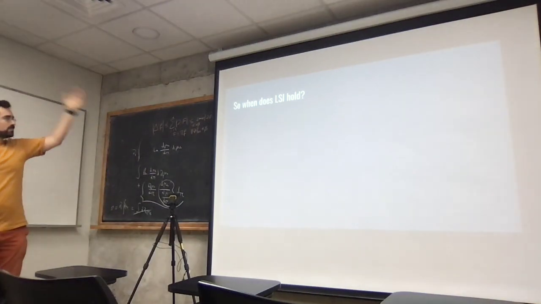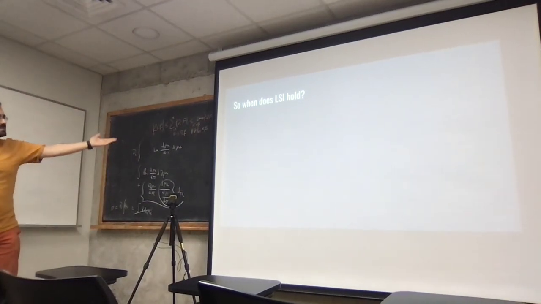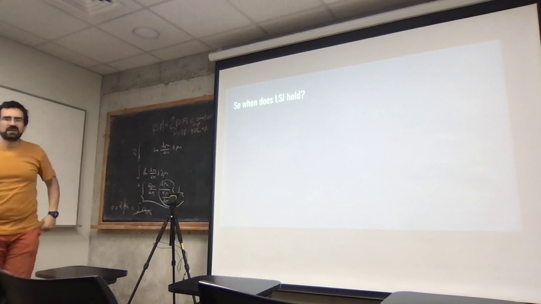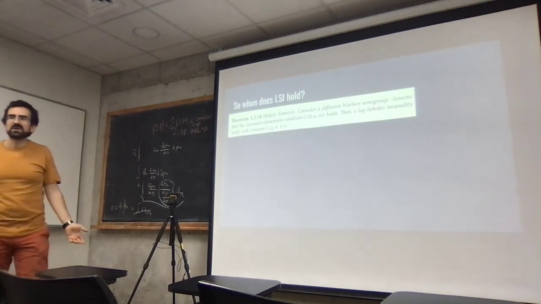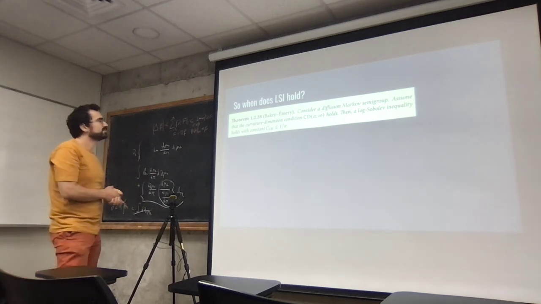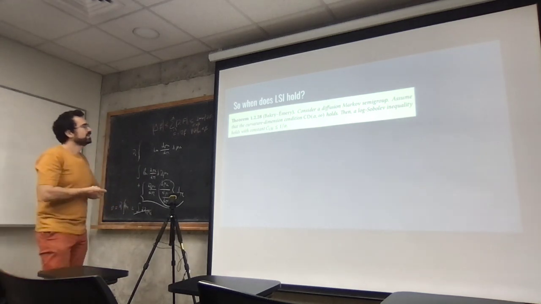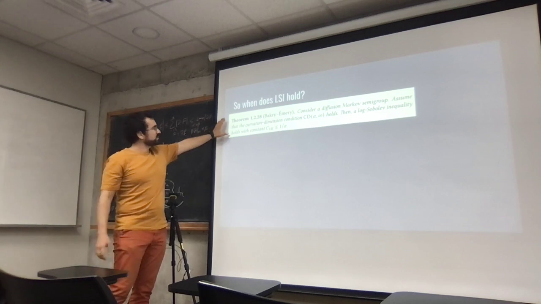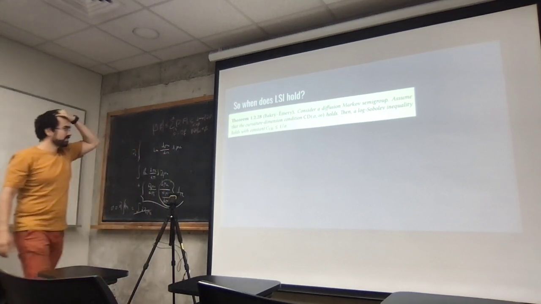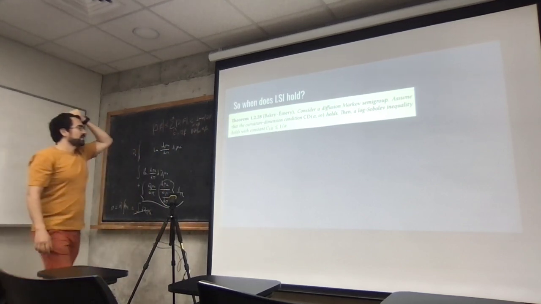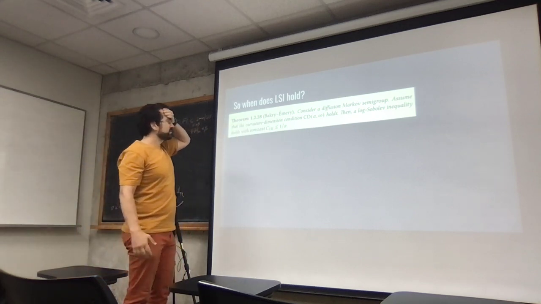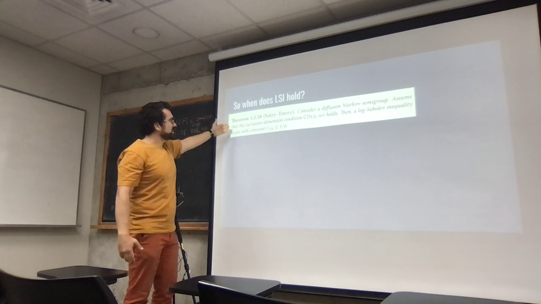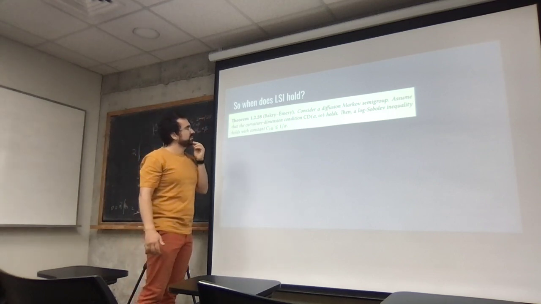But for me, it seemed like, so when does LSI hold? This seems like we are using it, but when can we use it? Theorem 2 in section 1.2 keeps talking about this, and it is the Bakry-Emery theory, or one of the examples of Bakry-Emery work.